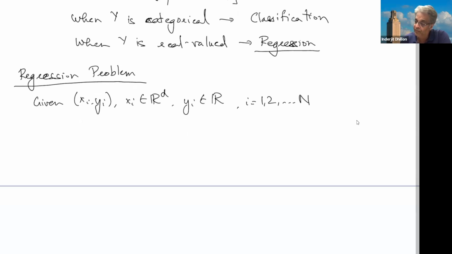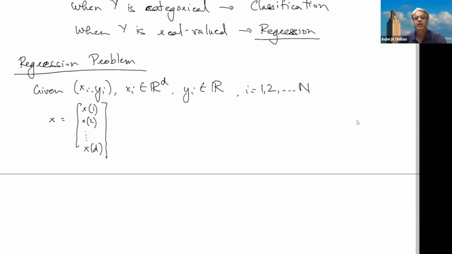Okay, so let me just take x, which is a particular xi, and denote it by its d features, so it belongs to R^d. So x has d components, x1 through xd. Okay. So what could be the simplest model that you can get with these d features, right?